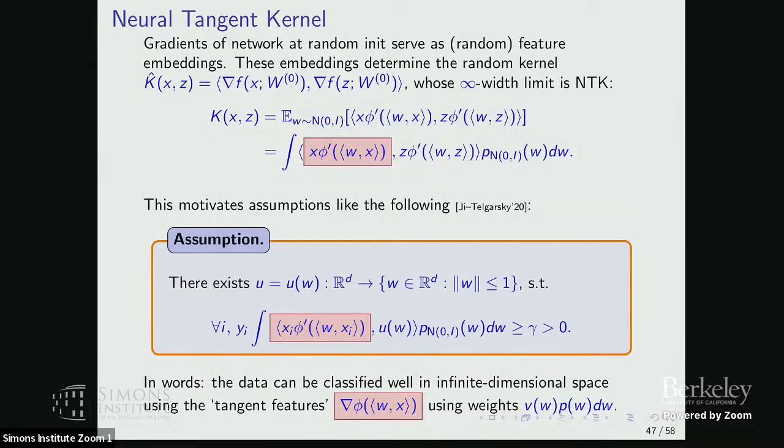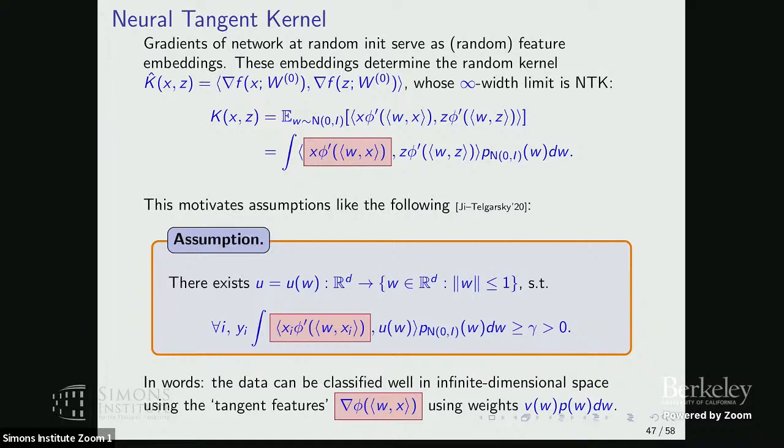And so this motivates assumptions that we can think about for the training data in order to understand neural network optimization, which is that there exists some, we can think of this as an infinite width network. So we can think of there being some weights that depend on w, which is parameterized by R^d, so it's infinite.